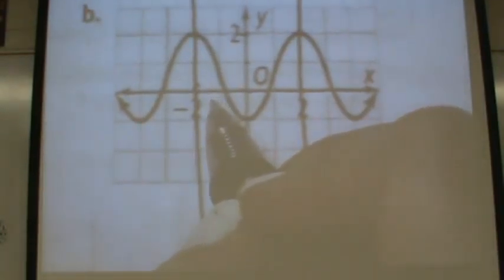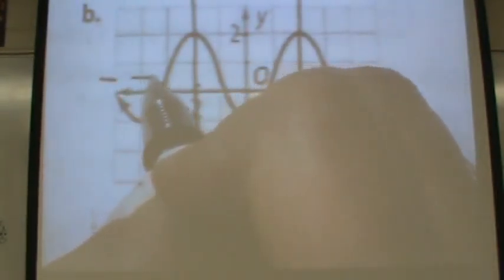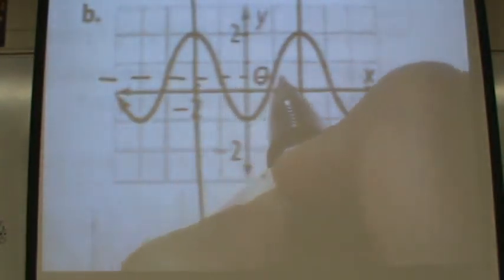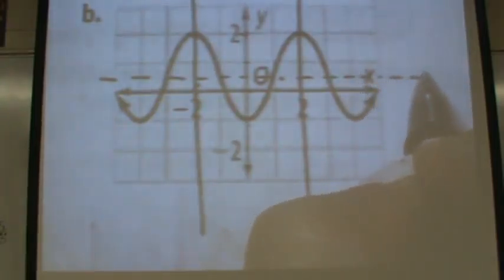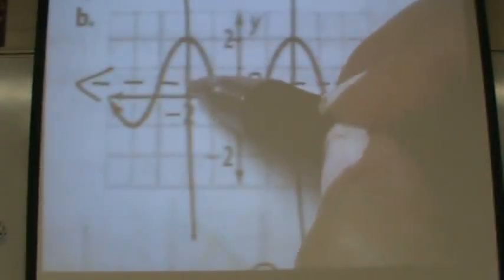Between 0 and 1, right halfway. Now does it look proportional? From here to here and from here to here is the same.